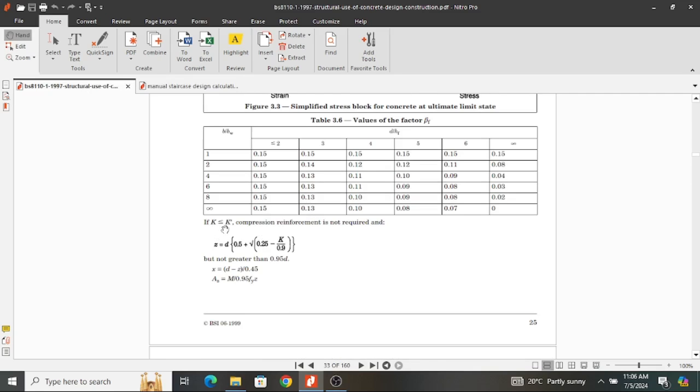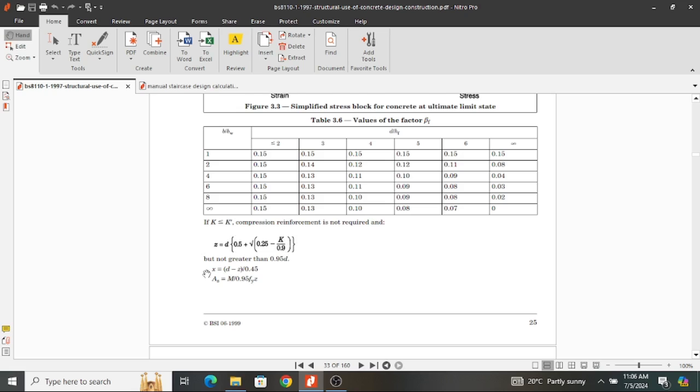If K is less than or equal to K prime, compression reinforcement is not required. And the code provides for how you provide compression reinforcement if it is required. But for today, our element does not require it, and I think we need to handle an element where we will be providing compression reinforcement. Therefore, because this is true, we proceed and use this formula.